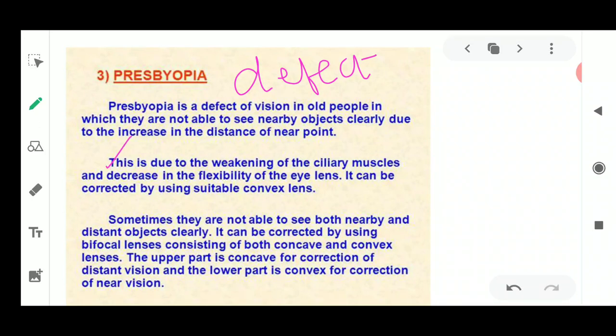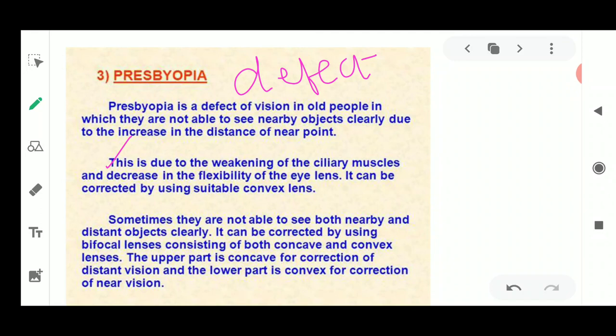So presbyopia is a condition where the weakening of the ciliary muscles happens because of the age factor, because aged people are not able to see properly.